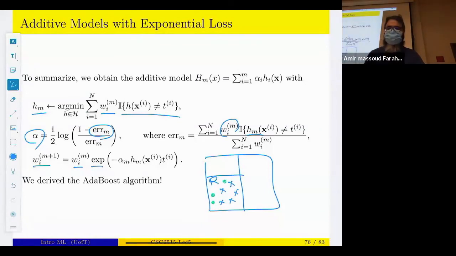So essentially, if we have majority votes and a 0-1 loss, you have these xi's.